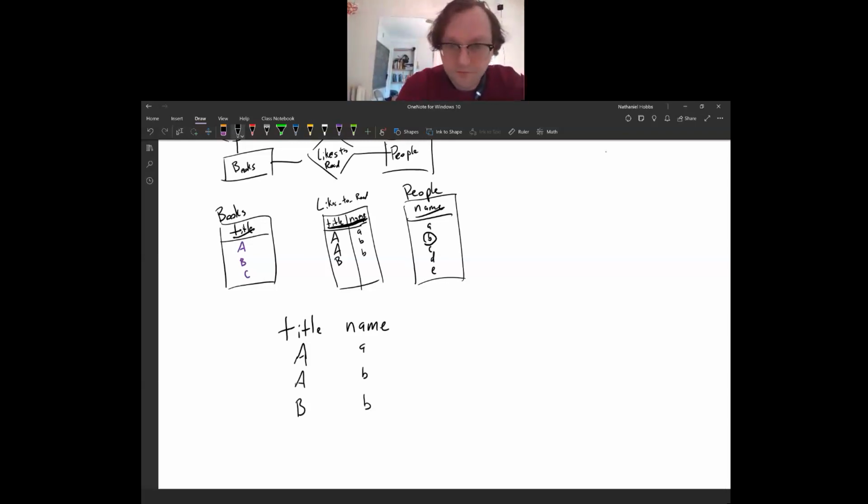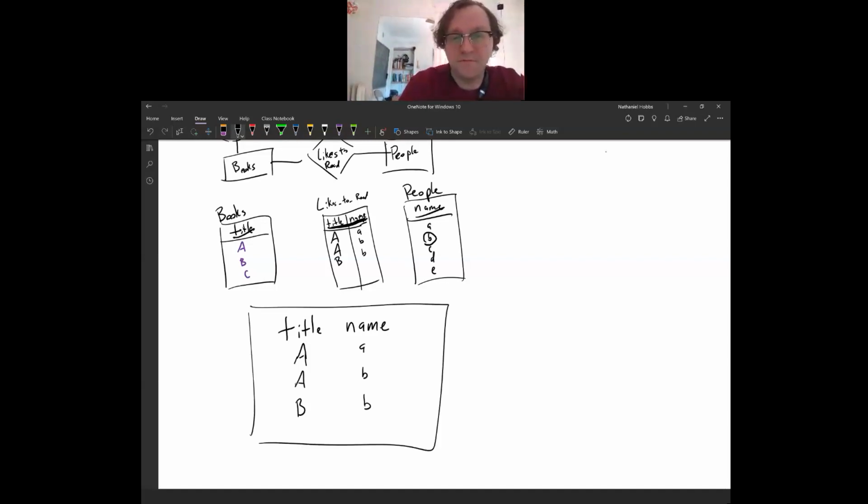Okay, if this is my table, and I haven't yet chosen the keyed attribute. This is example data. And here, if I make just the title the key, then this entry is problematic because now A appears twice, and that shouldn't be allowed.